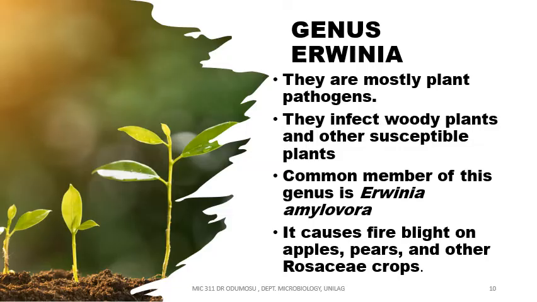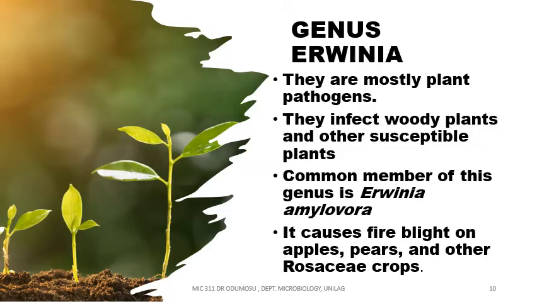They cause fire blights, apple rots, soft rots, pears, potato destruction, carrots, and other vegetables belonging to Rosaceae crops. So they affect all kinds of plant diseases. They cause bacterial wilt which affects all these plants.